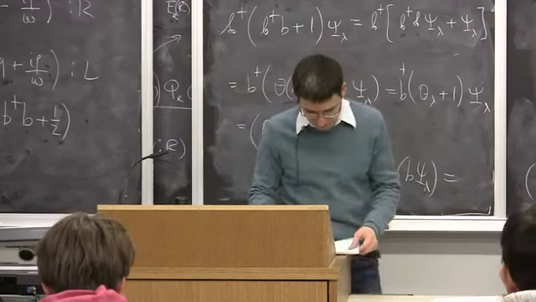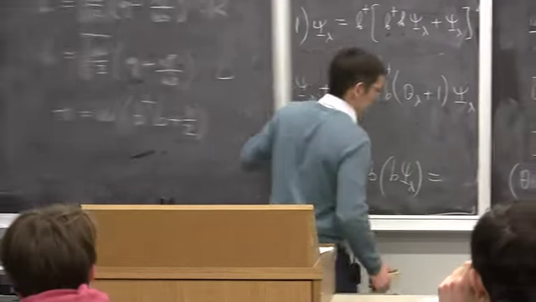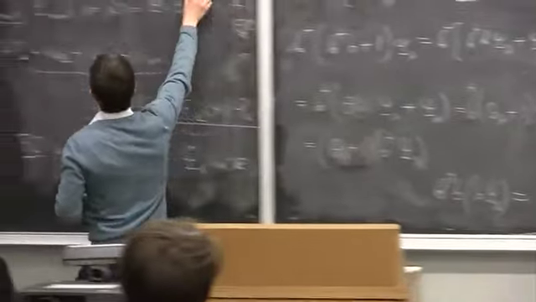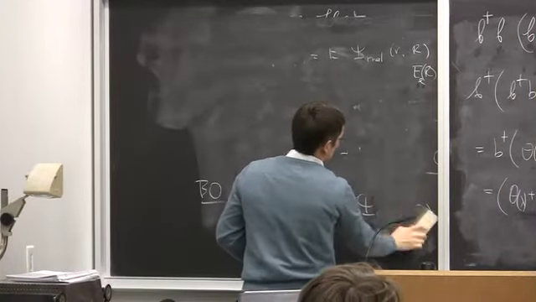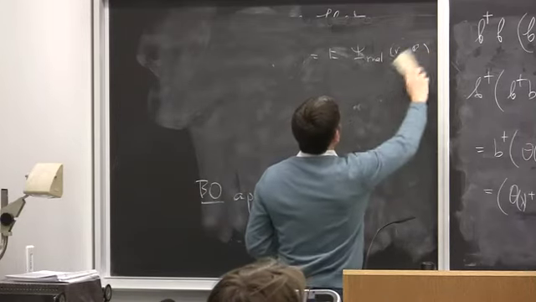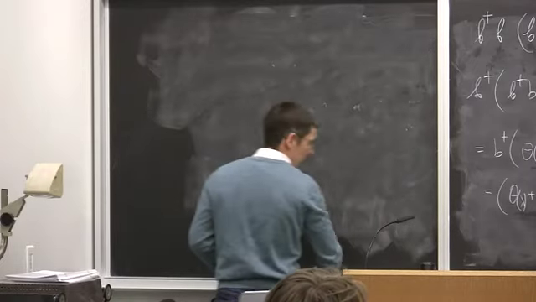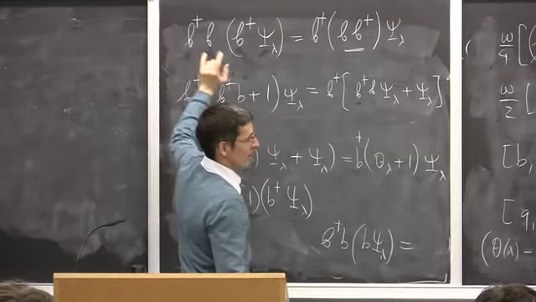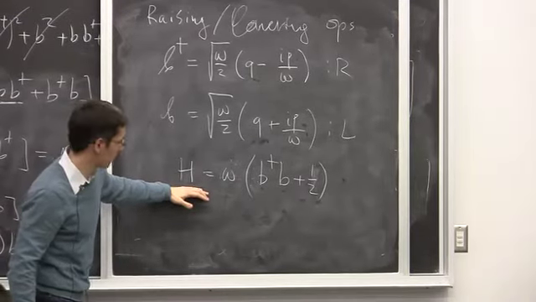The next thing is, even though it may seem a little too imaginative at this point, now we know that if we have an eigenfunction of B dagger B, then that eigenfunction will be a solution of our problem.